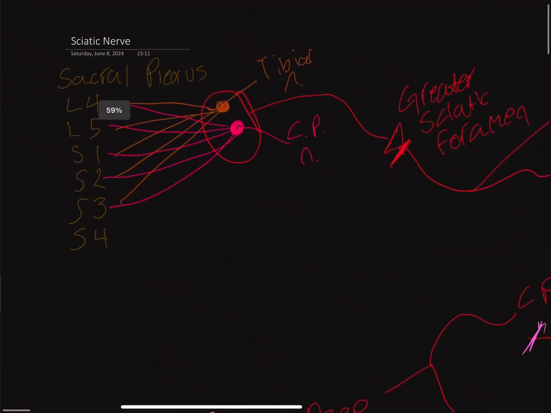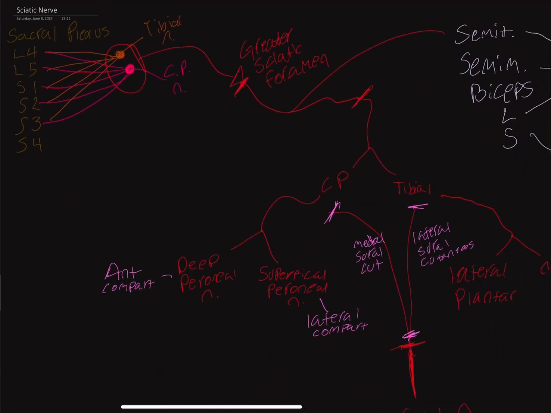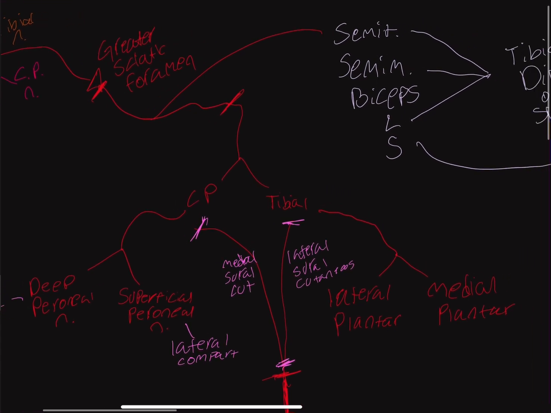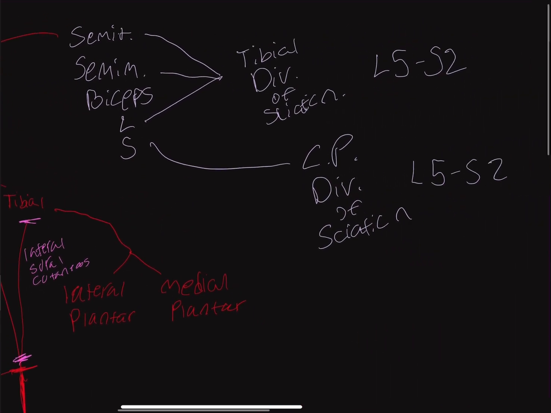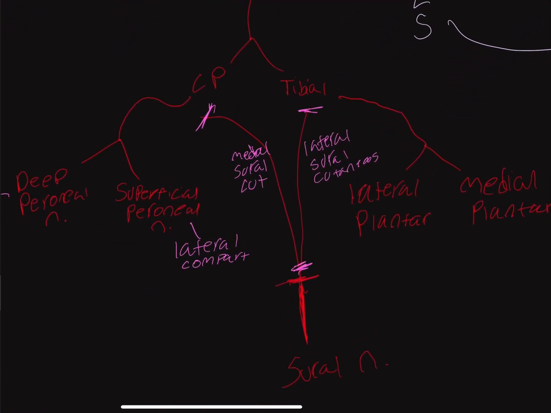Just going through it again: you have the sacral plexus, and off of that, the tibial nerve and common peroneal. It passes through the greater sciatic foramen. It innervates the hamstring muscles: the semitendinosus, semimembranosus, biceps femoris long head and short head, with the tibial and common peroneal divisions.